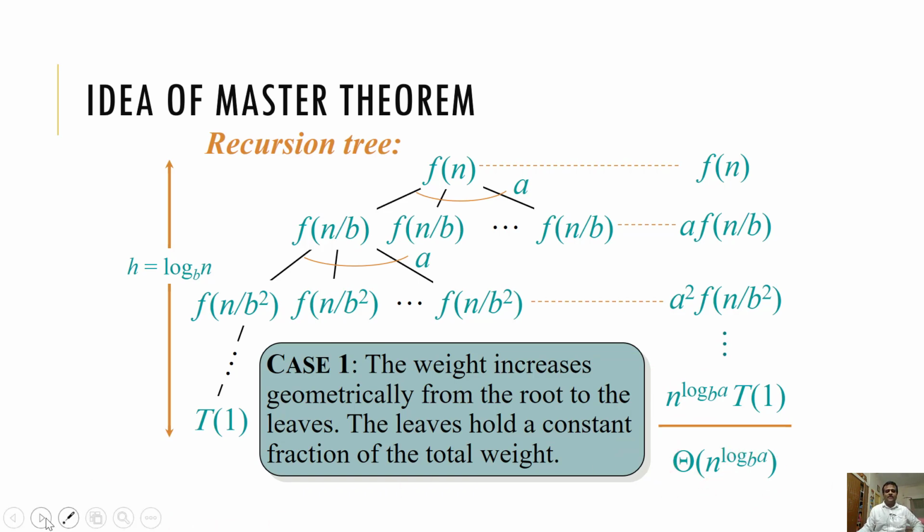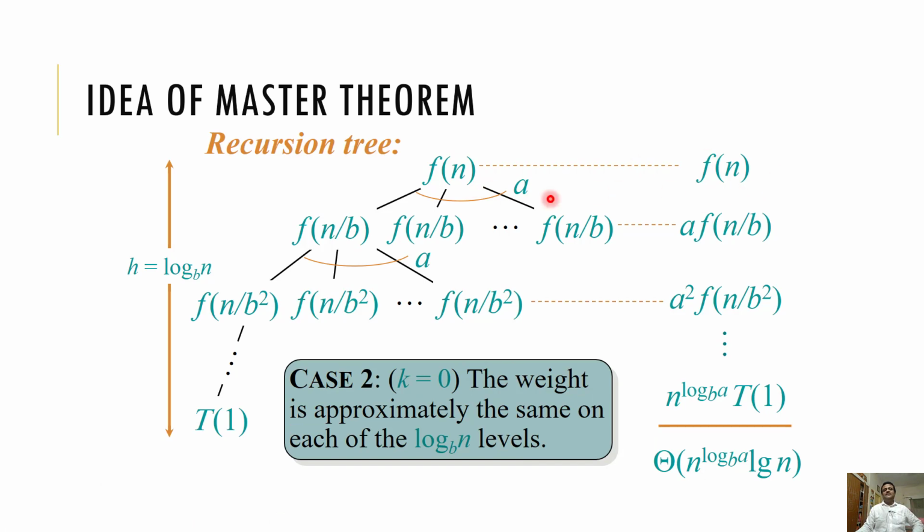That's why this is the runtime for case 1. For case 2, all the levels are similar. Case 2 we can think of by taking k equal to 0. For k equal to 0, all the levels are similar, so f(n) and these are similar, and all the levels have this cost. So what is the height? The height is log n base b, and the total cost is n to the power log a base b times log n base b.